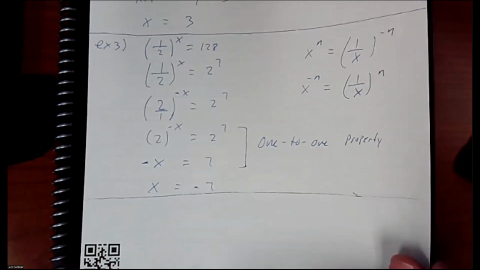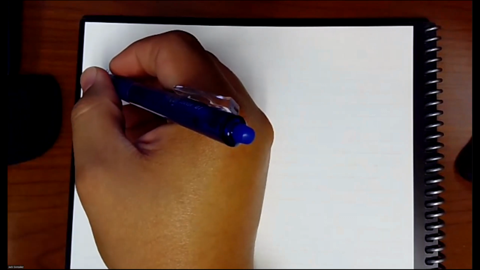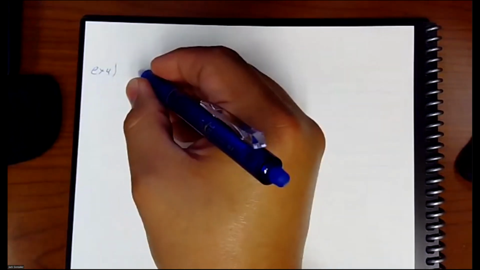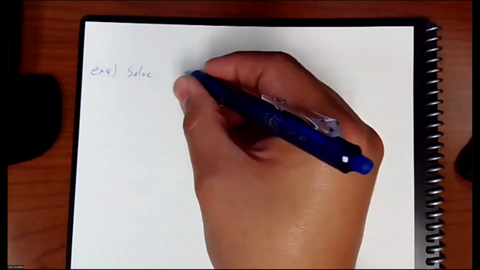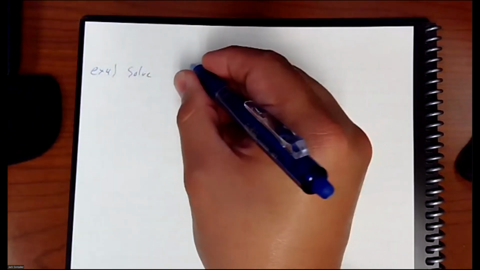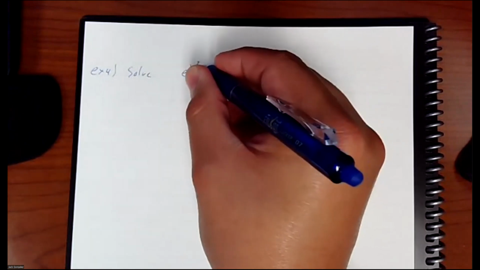Okay, go to the next page. Okay, and all these instructions are just solve, even though I haven't written it. It's implied. If you have an equation, we're solving something.